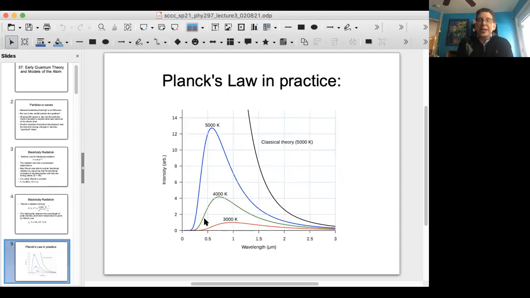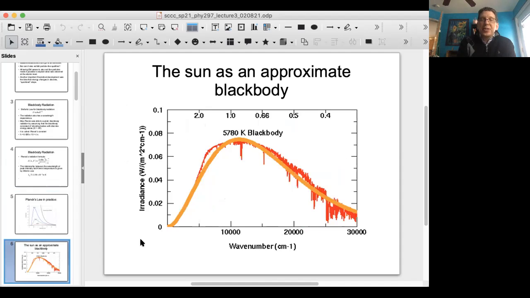And so you see how the law works in practice, that the intensity gets higher as it gets hotter, but the intensity spectrum shifts towards smaller wavelengths. And the sun's surface can be approximated at least adequately as a black body.